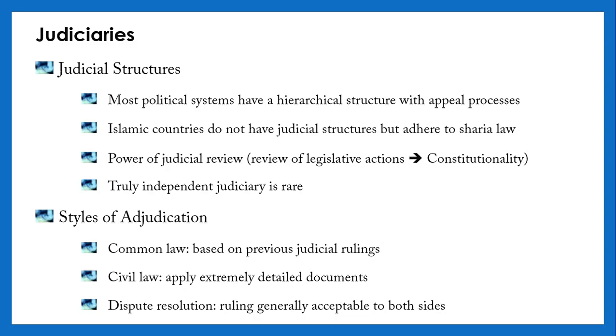Some of the most recent judicial decisions in the US have really, it doesn't matter who appointed the judge. Some of these actions are so unconstitutional that all the judges are ruling against them. But again, think about these judicial structures, hierarchical structure.